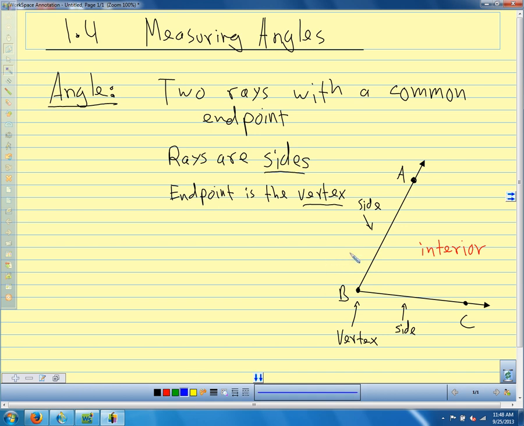All this stuff out here is the exterior. So just like we would think, the interior is between the rays, the exterior is outside. So we're good with what an angle is.